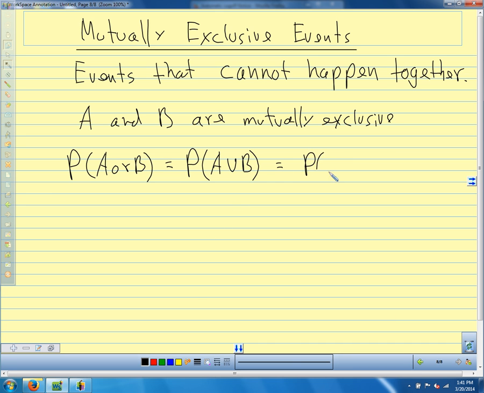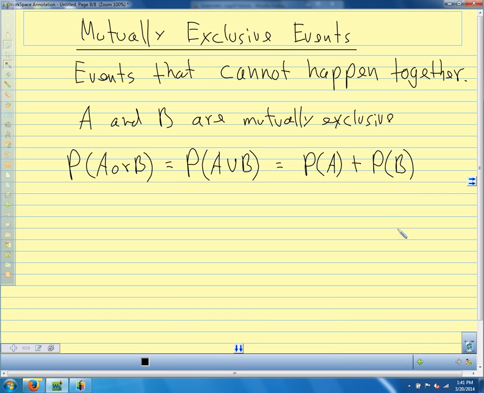Is the probability of A plus the probability of B. If we have mutually exclusive events that cannot happen at the same time, we combine their probabilities by adding.